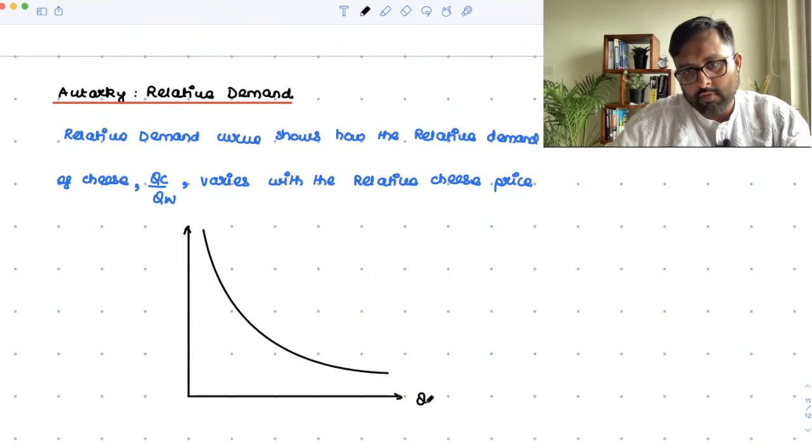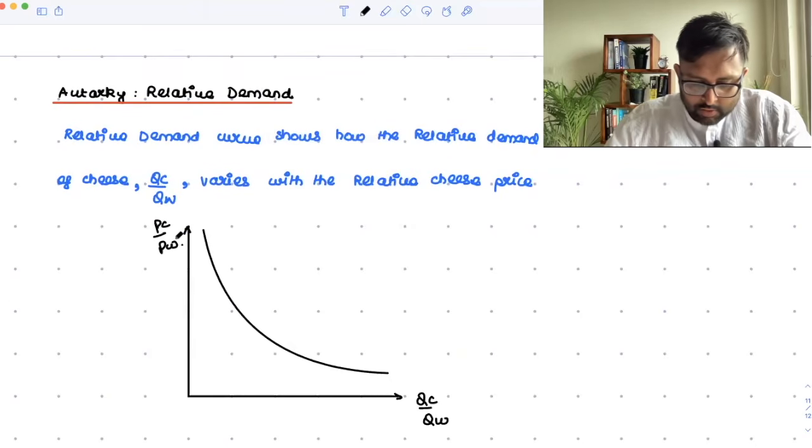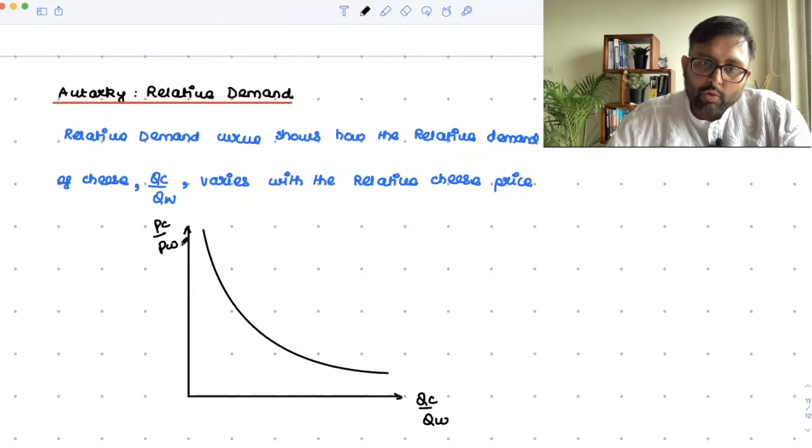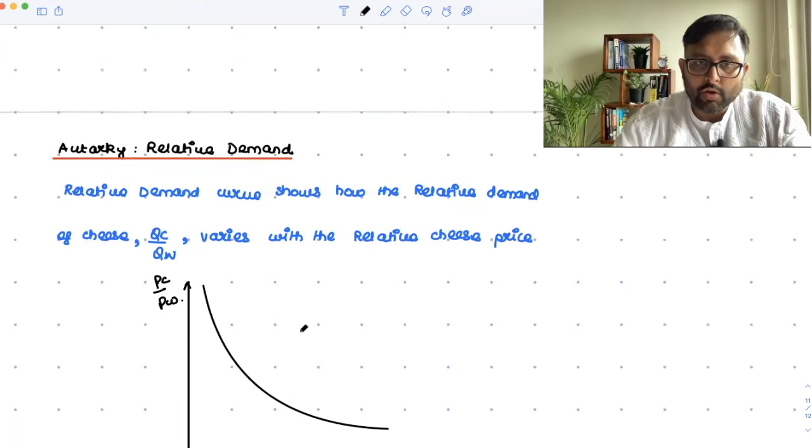You have QC by QW. You have PC by PW. So as the relative price goes up, the relative demand for cheese is going to fall.